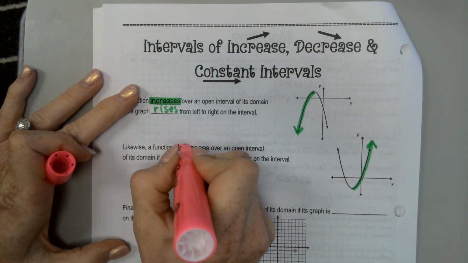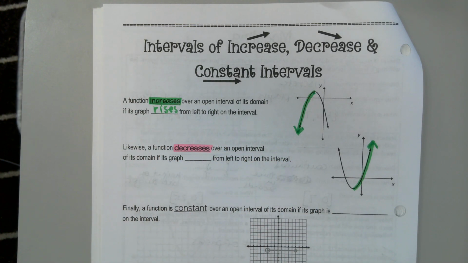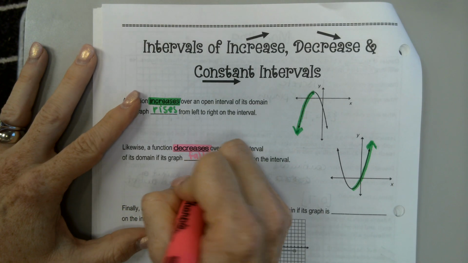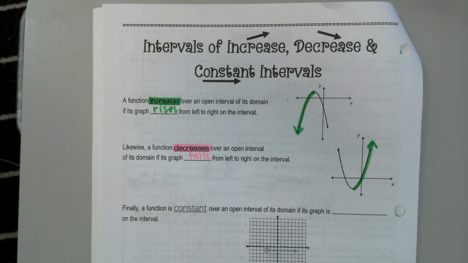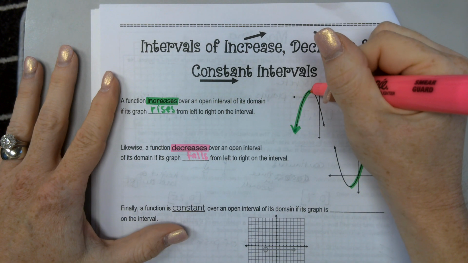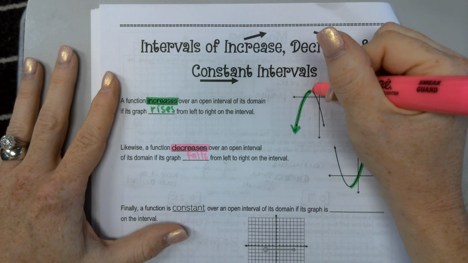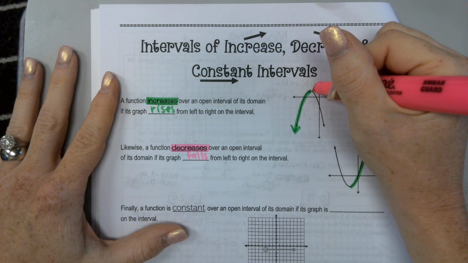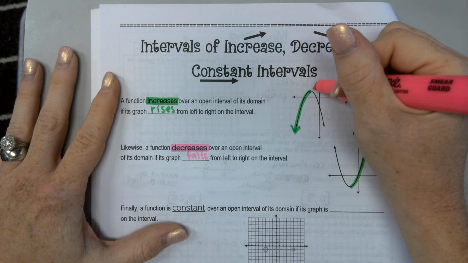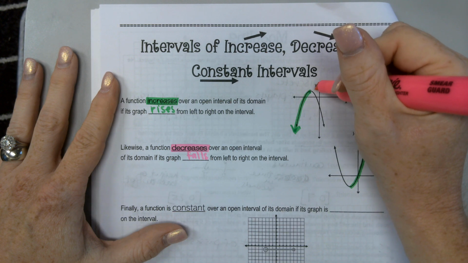Likewise, a function decreases over an open interval of its domain if the graph falls from left to right. So as I move from left to right, is it going down? So right here on this graph, when I get to this point up here, does anybody remember what that point is called? Starts with a V. Vertex. Great job.